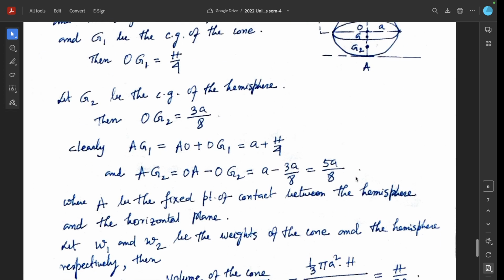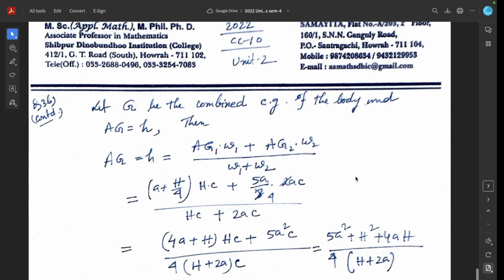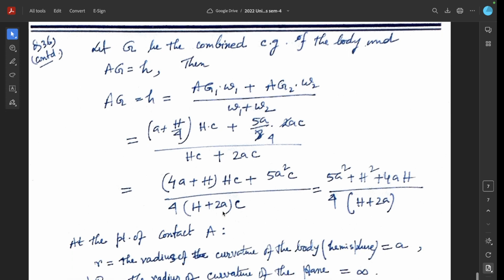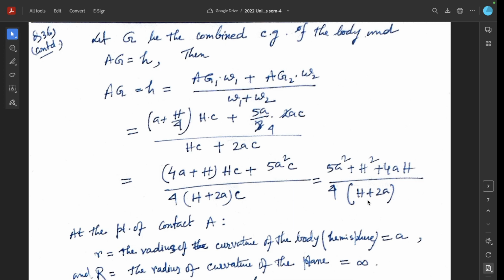The formula for small h equals AG1, the height of the center of gravity of the cone, into the weight of the cone, plus the height of the center of gravity of the hemisphere into the weight of the hemisphere, the whole divided by the sum of their weights, W1 plus W2. Put in all these values from the previous results, and after simplification, we get this.